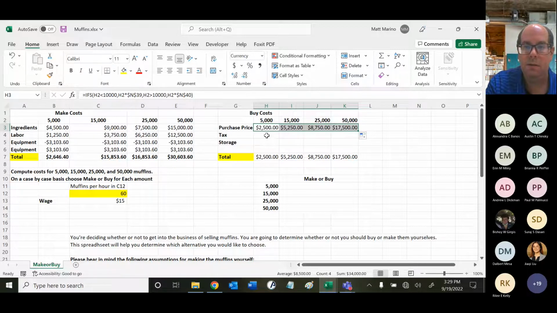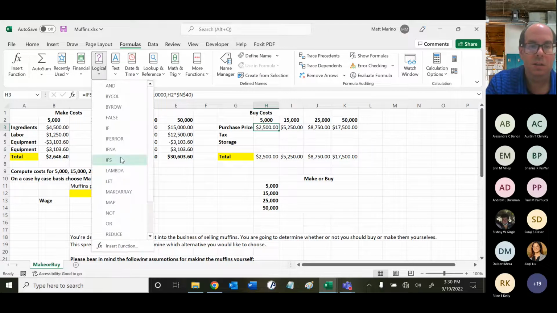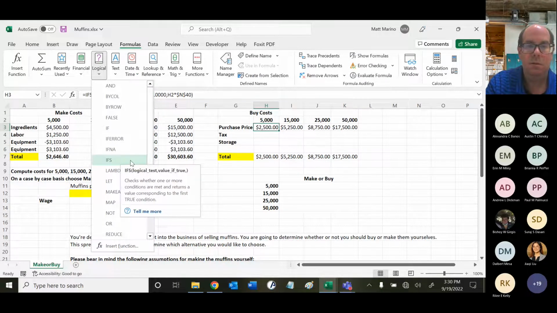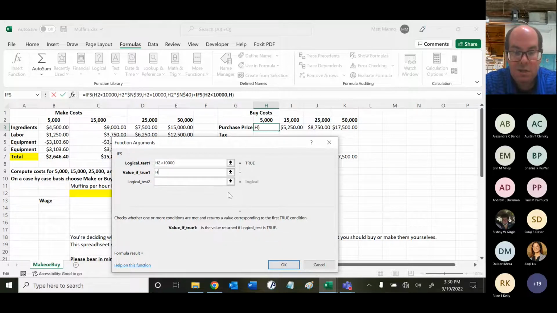How do you get the IFS function again? So you could either type it in or it is Formulas, Logical. And if you click it up like this, you would do it the same way. H2 less than 10,000, H2 times N39 absolute.